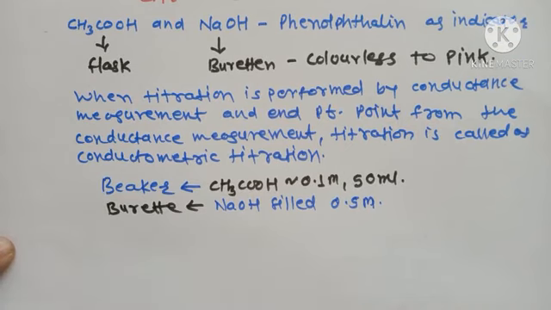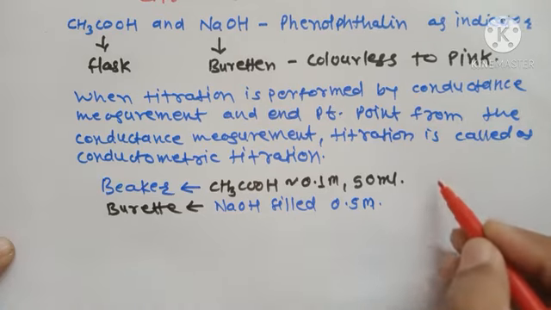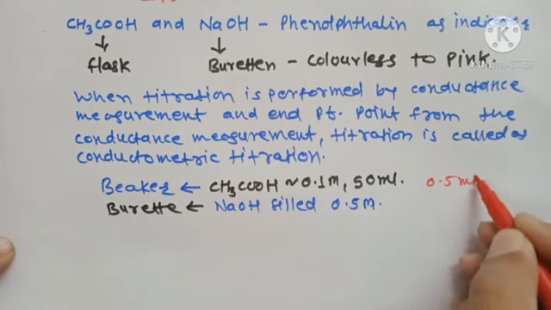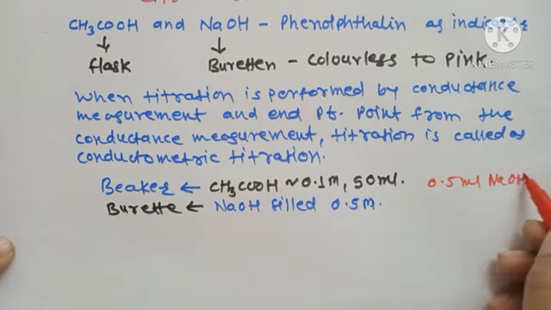Okay, so what is done? The conductivity cell is placed in the acetic acid solution and the conductance is determined when NaOH is not added. Then 0.5 ml NaOH is added at a time.